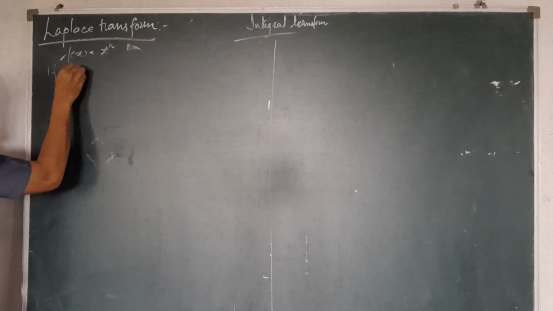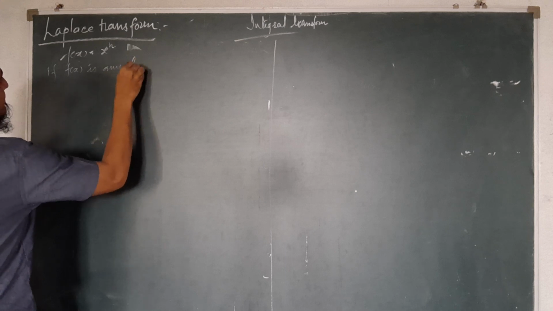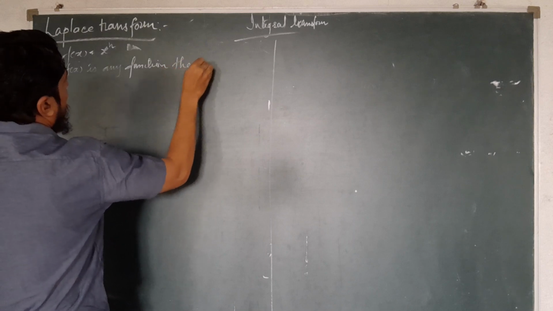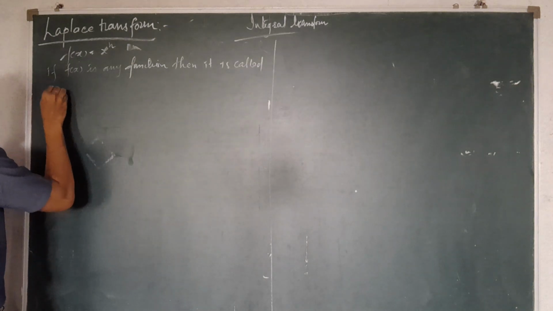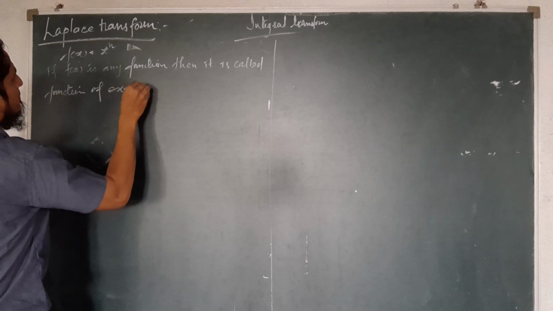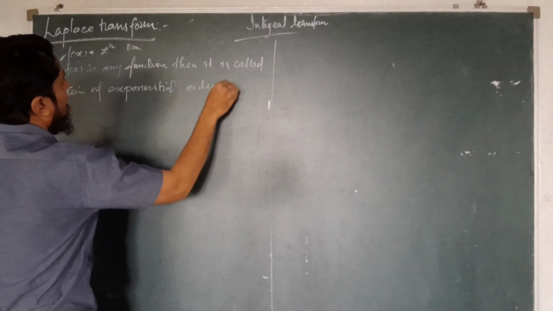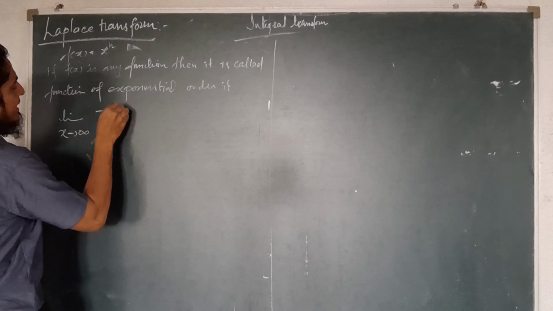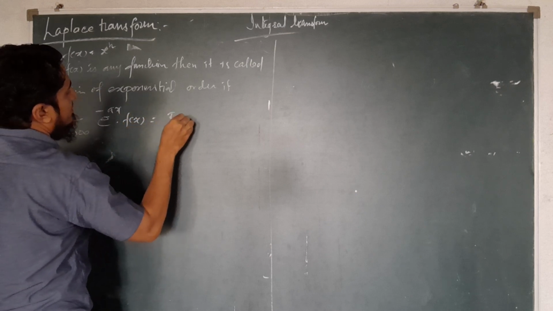If f of x is any function, it is called a function of exponential order if the limit as x tends to infinity of e raised to minus ax into f of x is a finite number.